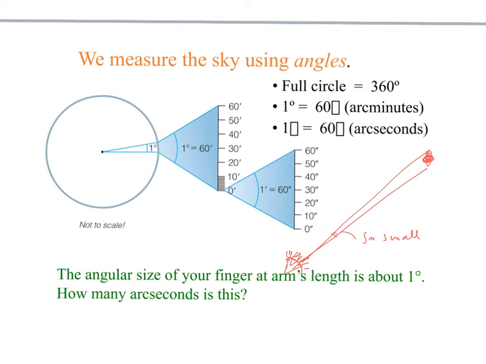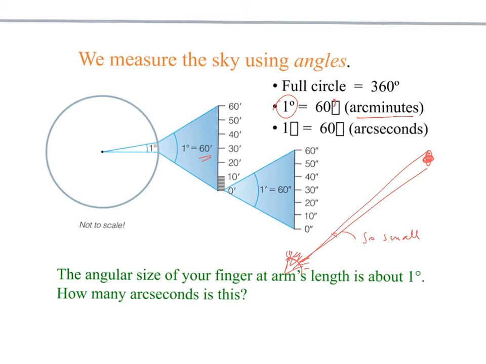You're looking. This angle is going to be so small that we are going to need not just degrees, but we're going to need to split the degrees into 60 arc minutes. The symbol for the arc minute is a comma.